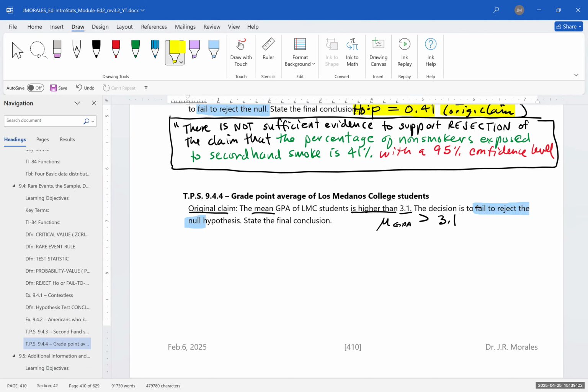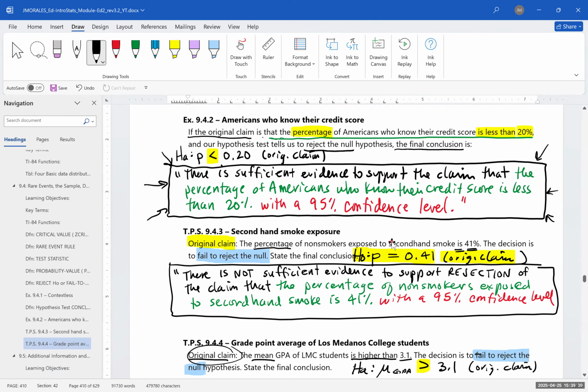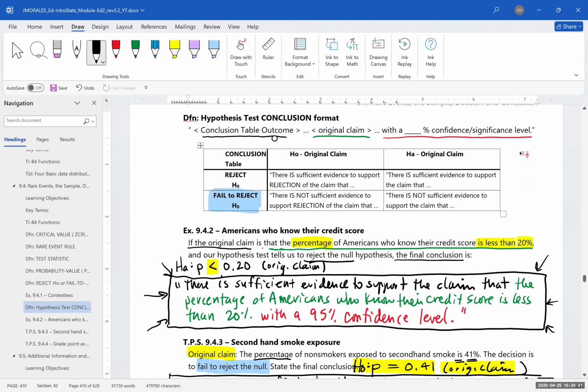So this inequality clearly does not have an equals in it. So what this is, is an alternate hypothesis, and the alternate hypothesis was our original claim. So if we come back up here, the alternate hypothesis was our original claim, and where that column and the fail to reject row intersect is here at this outcome.